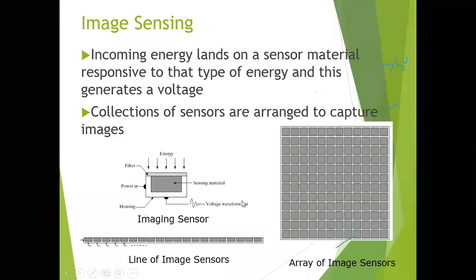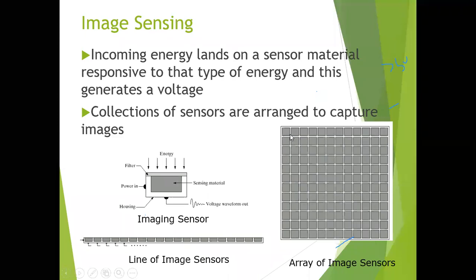The sensors can be a line of image sensors or an array of image sensors. That means each sensor detects a particular pixel value. Depending on the number of pixels we have, that many sensors will be present.